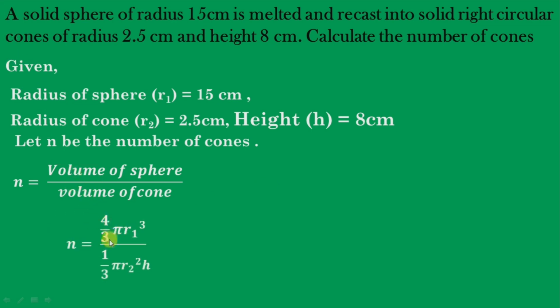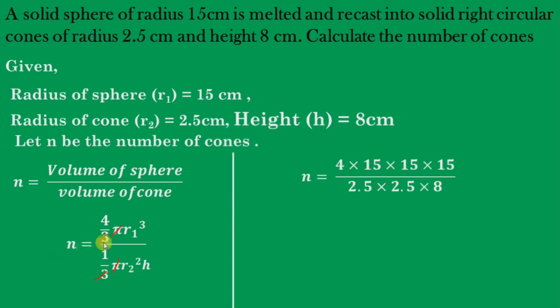Volume of sphere is 4 by 3 pi R1 cube, divided by volume of cone, 1 by 3 pi R2 square h. So here 3 and 3 will get cancelled. Pi and pi will get cancelled. n is equal to 4 into 15 into 15 into 15, divided by 2.5 into 2.5 into 8.